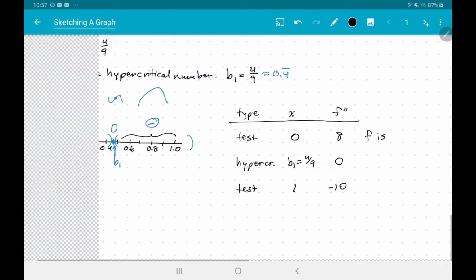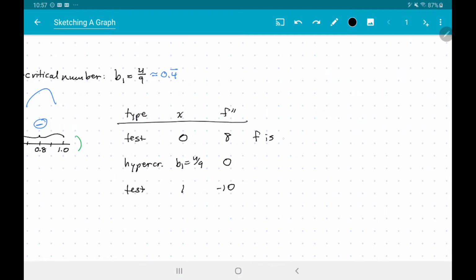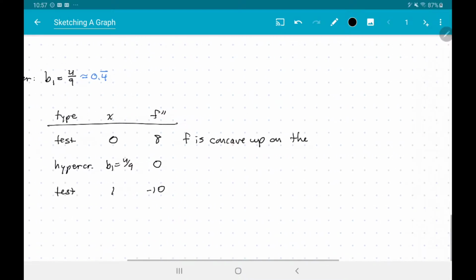f is, this is again information about the first interval, and we determined that f is concave up. So f is concave up on the interval. All right, now what interval do I write?